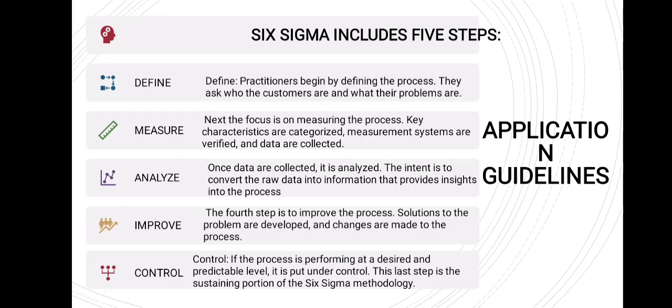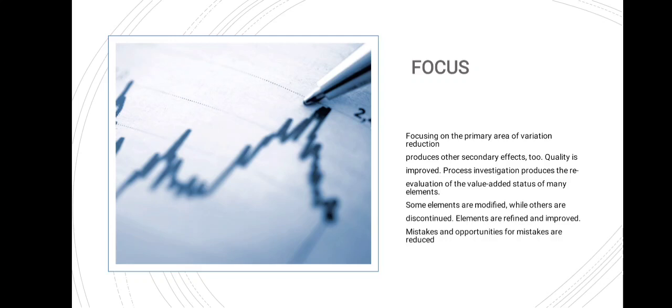Step five: control. The process performance and the variation levels are controlled. These five steps are the substantive portion of the Six Sigma methodology. Focus on the primary area of variation reduction produces secondary effects too.